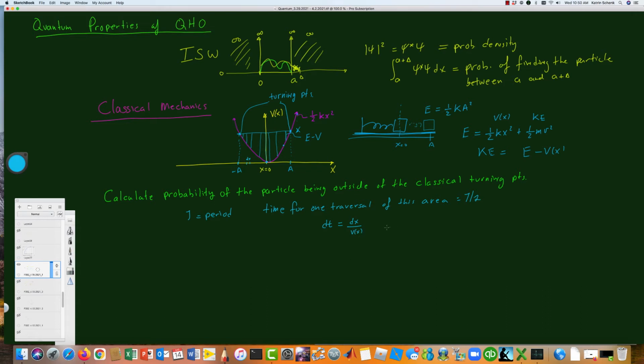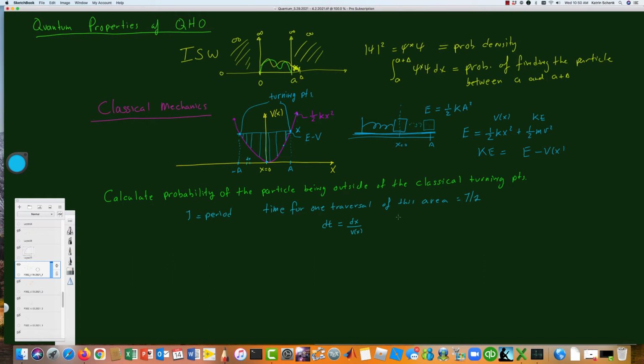That's pretty simple to understand because x equals vt, and its velocity does change with x, as we know, because it's going fastest here in the middle and slowest here at the turning points. Okay, so the probability of finding the particle in some small region is basically the time it spends in that region over the total time it takes to traverse this whole region, right? So part over the whole.